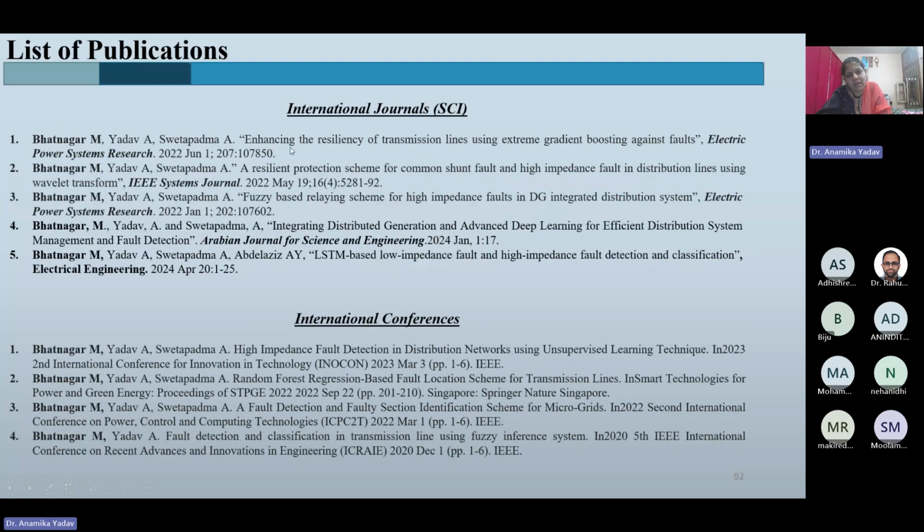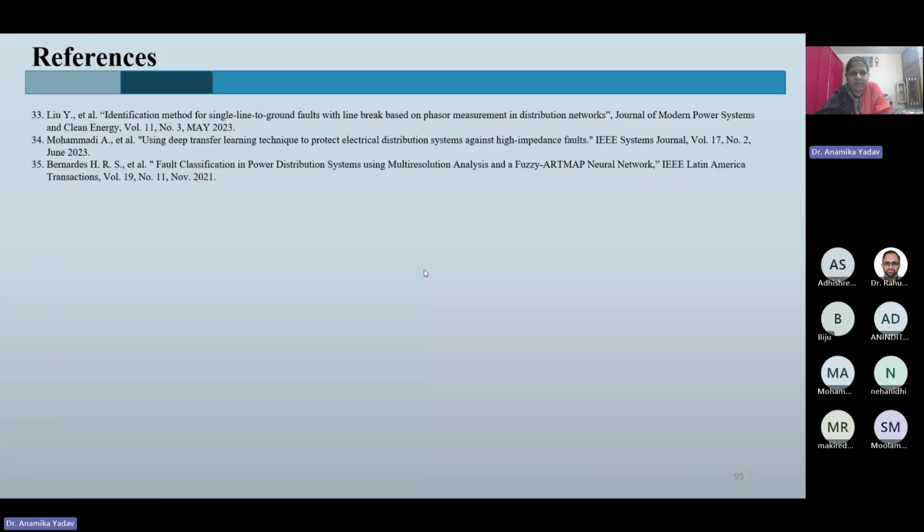She has recently completed her PhD, and these are a few of the conference papers. Papers should be communicated to SCI journals, and journal impact factor is a major concern that you should take into account while submitting the paper. And these are a few of the references.